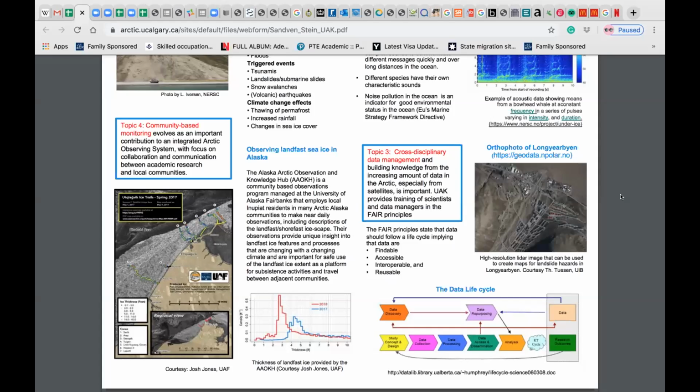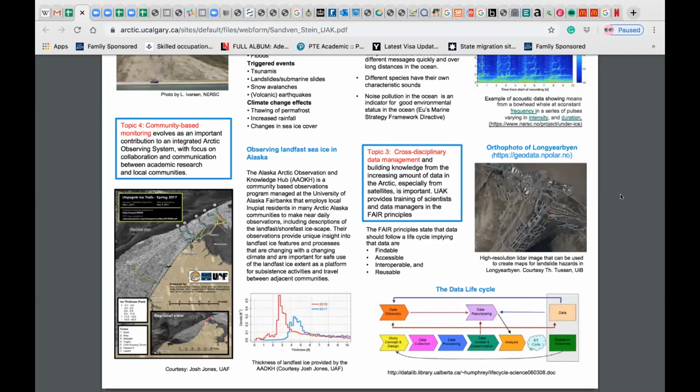Many scientists are of course mostly concerned with collecting data, analyzing the data, and publishing the results. But now there are more requirements to store the data in a proper way so that it's possible for other people to use the data later on. With climate change and environmental change, it is more and more important to be able to access data which have been collected several decades ago. And when we collect new data now, we have to make sure that these data become available for scientists also in the coming years. So that's number 3.